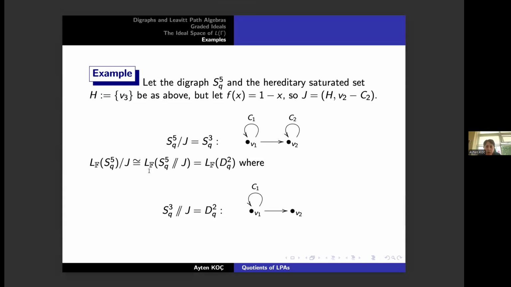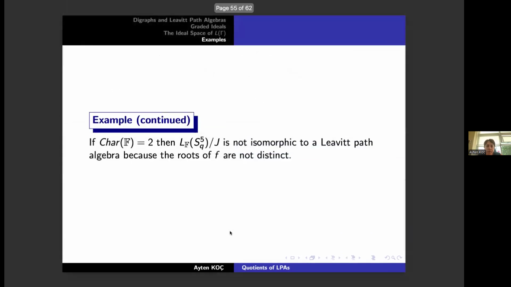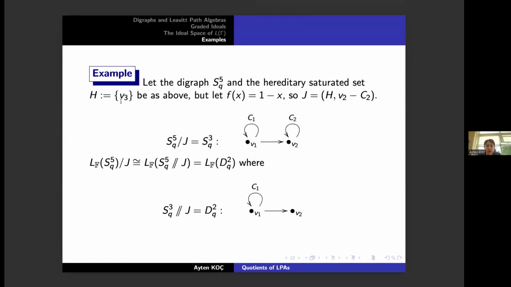Another example, consider the same digraph, this one, the 5-dimensional quantum sphere, and take H to be the set containing only one vertex, V3, the last vertex, and take this polynomial 1 minus x, and J is generated by H and this polynomial of C2.